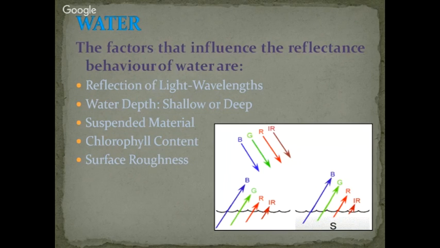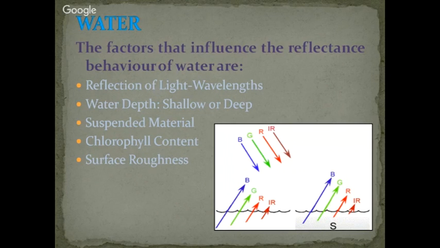Surface roughness relates to the calmness of the water body. If the water body is still, water is not moving, more energy will be reflected. But in case of rough water bodies, if there are ripples, then instead of reflecting energy, the water body will scatter more energy, and its spectral response will vary.